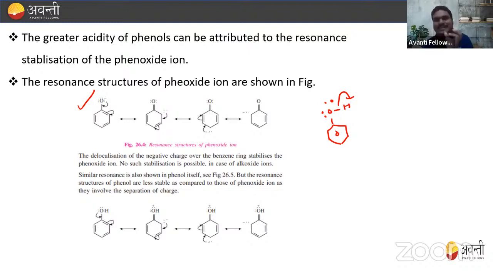So how is this negative charge stabilized by this ring? Then it will show its stability. And why is this negative charge stabilized? Due to resonance. Because resonance is what? Delocalization of electrons. The electrons keep moving all around because of resonance. That's why they are much more stable. Understood? Why they are much more stable?